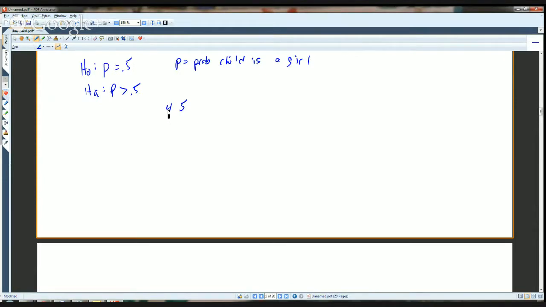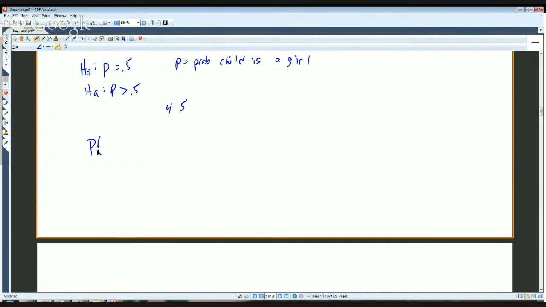So we're obviously going to reject the hypothesis the more girls that this person has, right? We clearly wouldn't be surprised if this person had 2 or 3 girls. It's a little bit surprising if they have 4 girls, and if they have 5 girls, it would be very surprising.